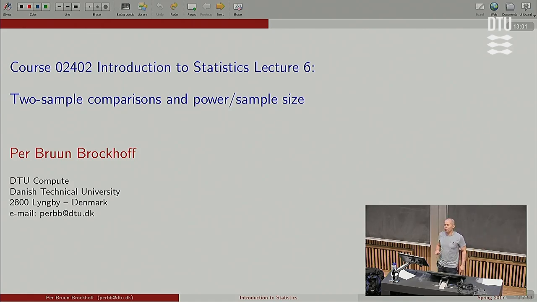And then we spent 3 days on statistics for a single sample, a single column in our data sheet. What is statistics? That is hypothesis testing and confidence intervals. So now we can do hypothesis testing and confidence intervals when we have a single sample of data. Today, we are going to be able to compare 2 samples of data.